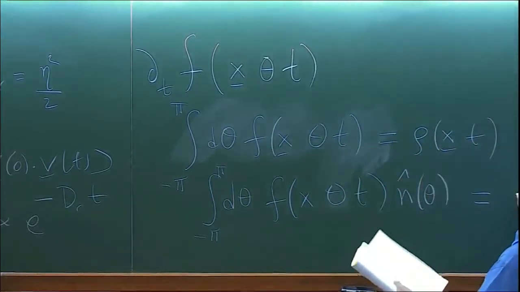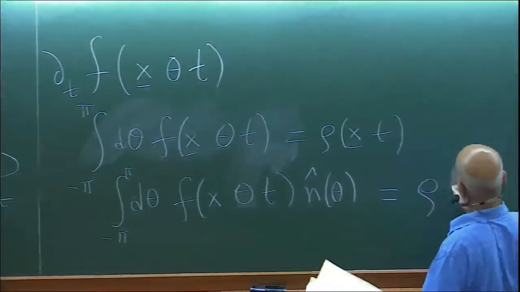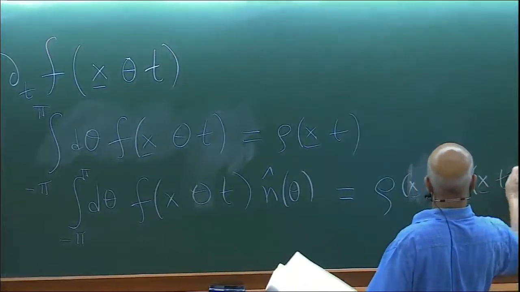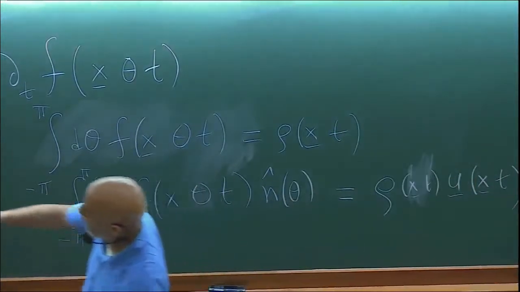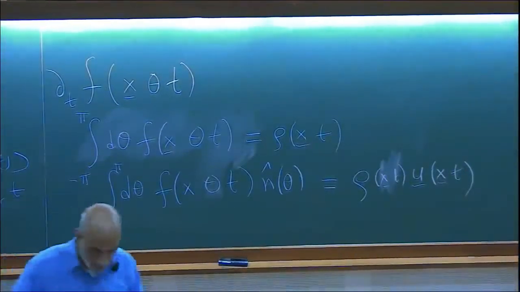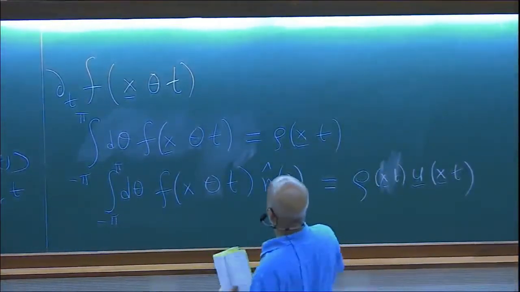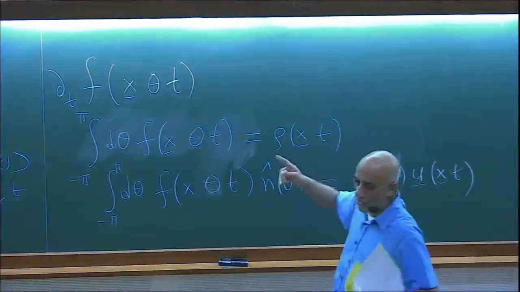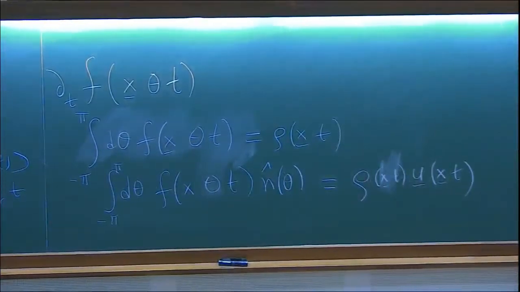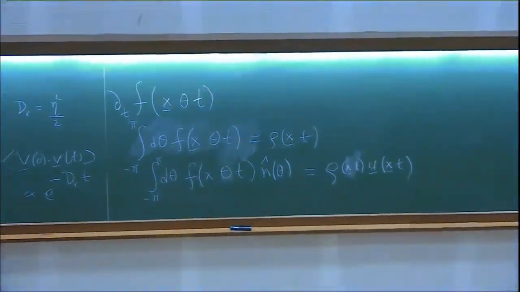I'll call this rho, where this n is just cosine theta, sine theta, treating theta as the argument here. And you'll get, quote unquote, hydrodynamic equations for this. I haven't told you all the real difficulties.